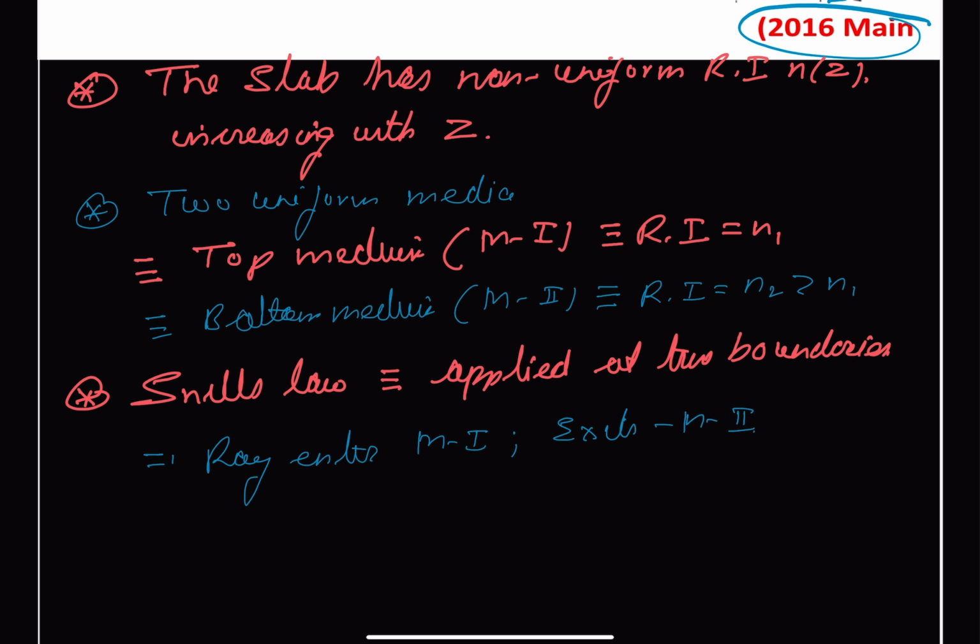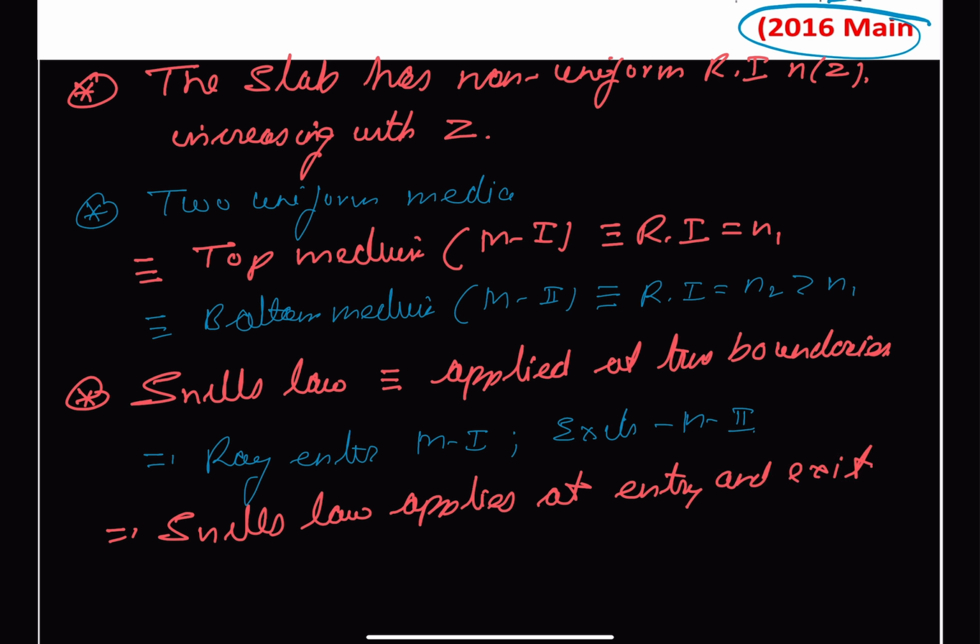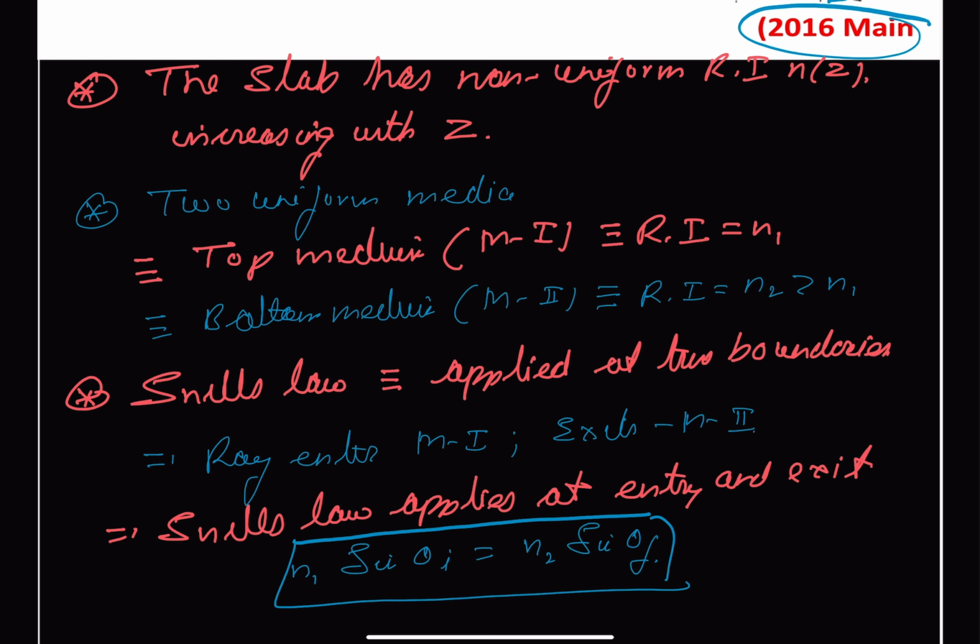Therefore, Snell's law applies at entry and exit. So we can straightforwardly write that n1 sine theta i is equal to n2 sine theta f. This is directly from Snell's law.